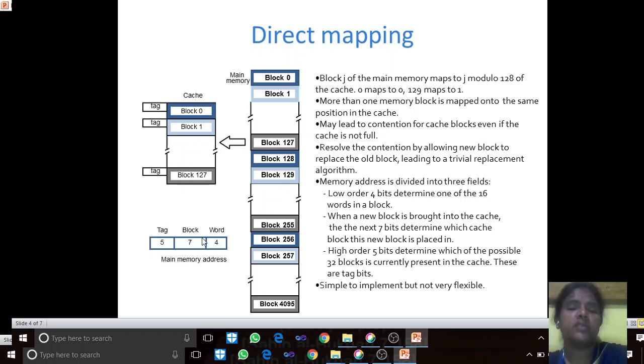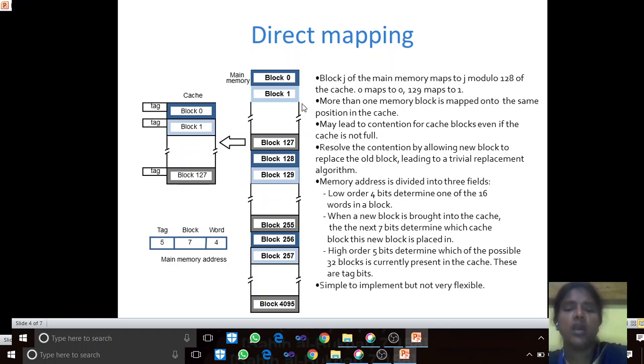That represents which block will house the word. So the next 7-bit field represents the block of the cache. Next is the tag field, the remaining 5 bits, because the address is 16-bit, 7 plus 4 is 11, 16 minus 11 is 5. The next 5 bits are used as the tag field.